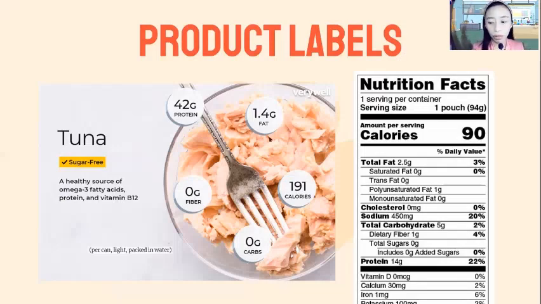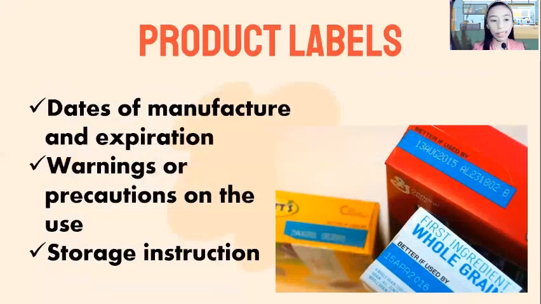Aside from these nutrition facts, these are the three basic things that you have to remember in buying products. First is the dates of manufacture and date of expiration. Okay, so you have to remember these things. Different materials have different characteristics.